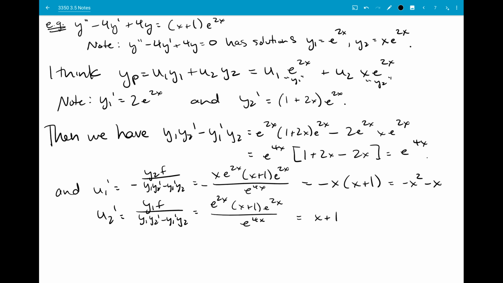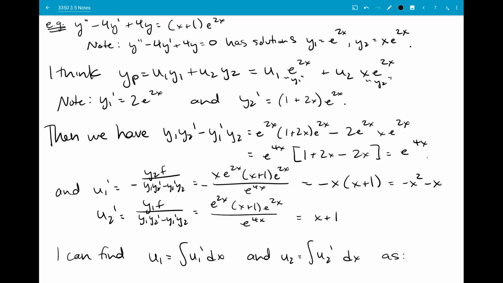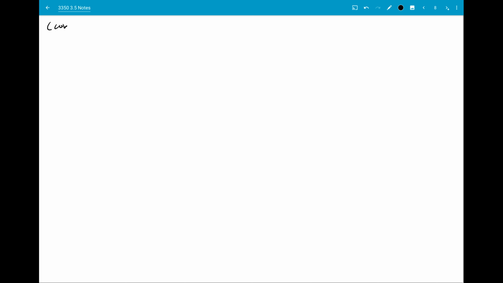And so from here, I have to find u1 and u2. I have their derivatives right now. So I can find u1, the integral of u1', and u2, the integral of u2'.